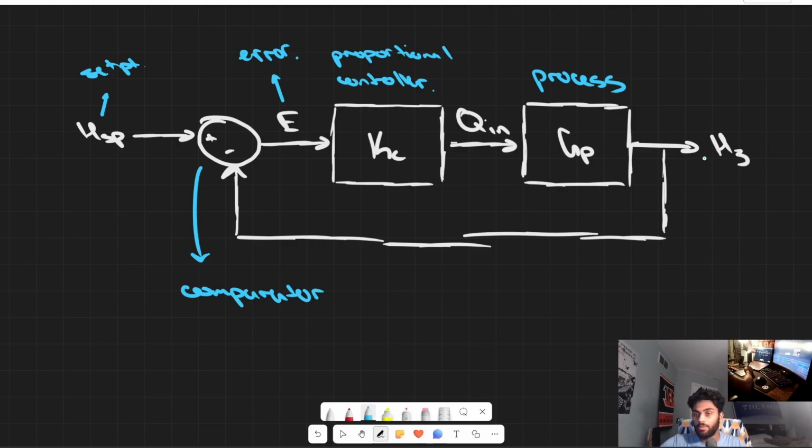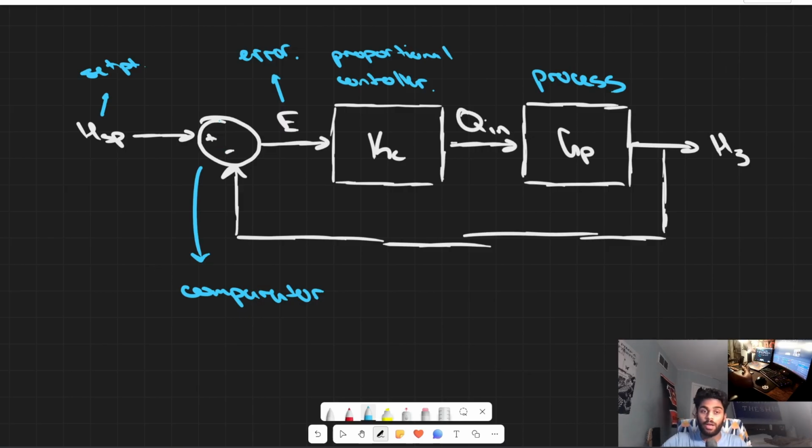So we have an output of our height in tank 3, and then we have an input of our inlet flow. In this case, this inlet flow is now controlled by this proportional controller with gain Kc. This controller takes an input of our error, and that error is a function of this comparator where we feed in our level in tank 3 and our set point.